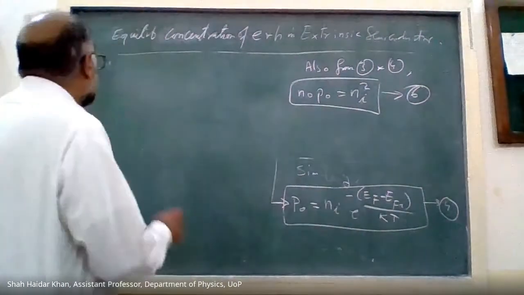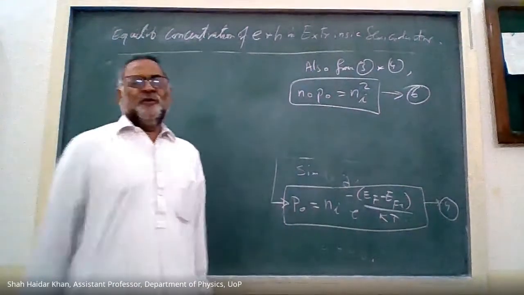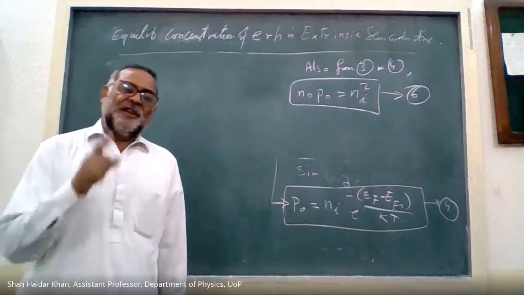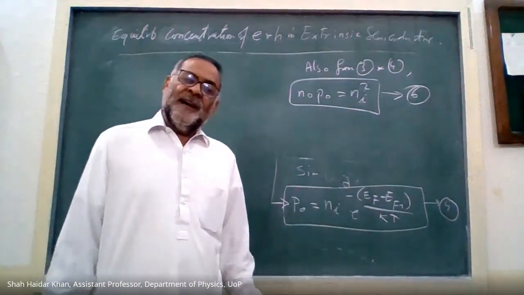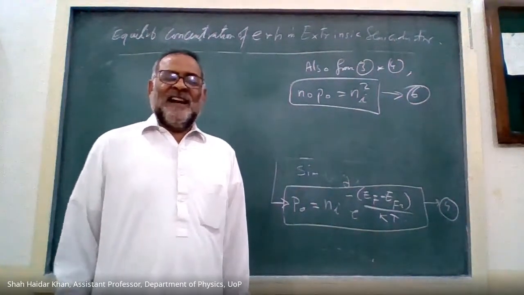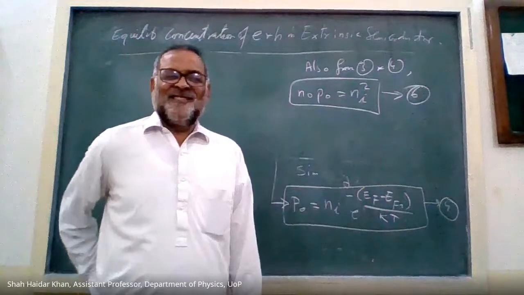So the number of holes is not equal to the number of electrons in this situation. Either the number of electrons will be greater, which is n-type, or the number of holes will be greater, which will be a p-type semiconductor.